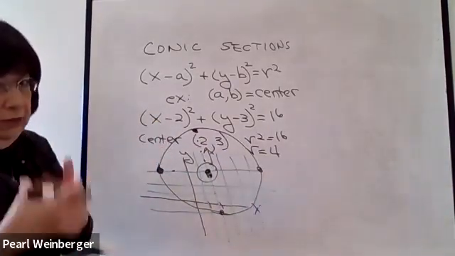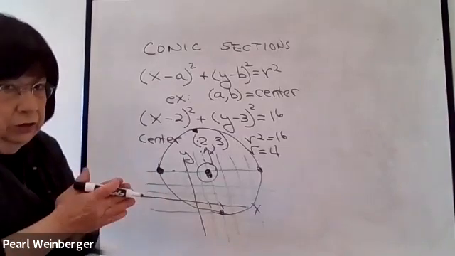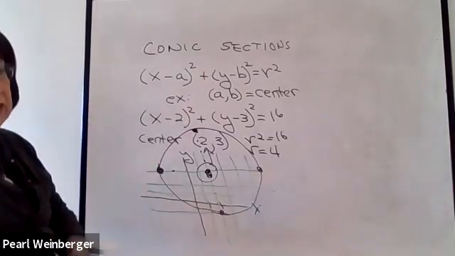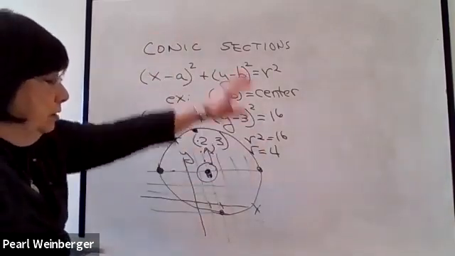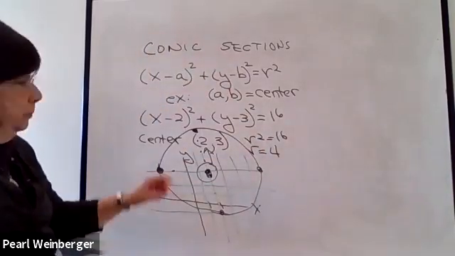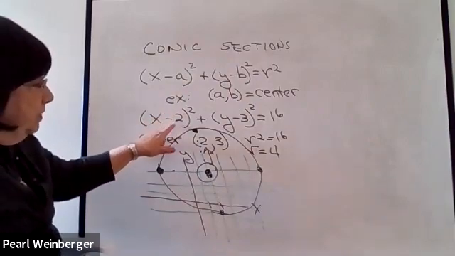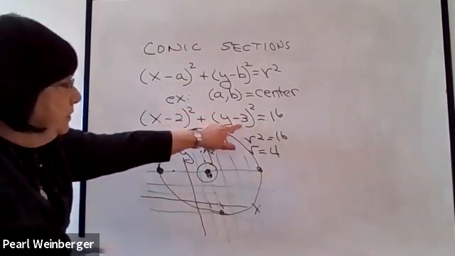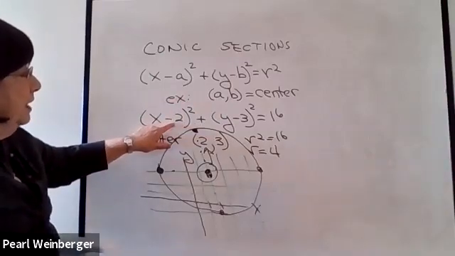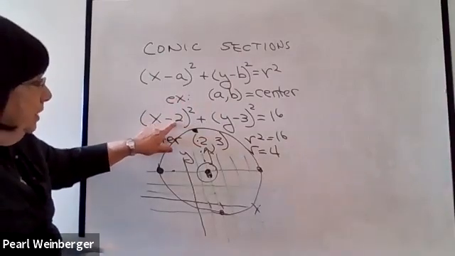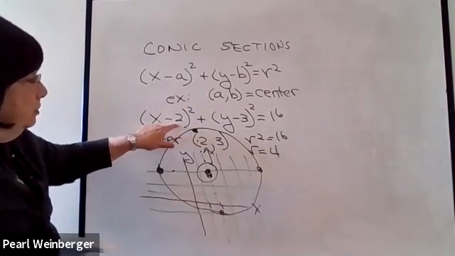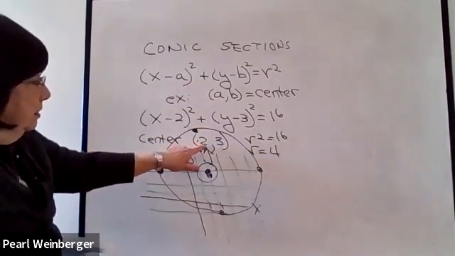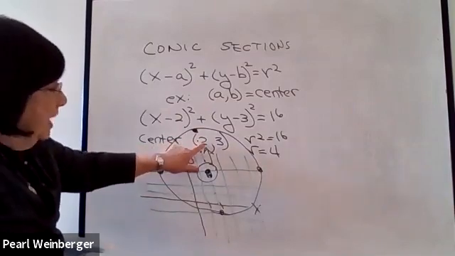So either my circle is going to have its center at the origin, or its center is going to be someplace else on the piece of graph paper. And I'll know what that center is by looking at the numbers in the parentheses with the x and the y. Don't forget, since this was x minus 2, my x center was positive 2.